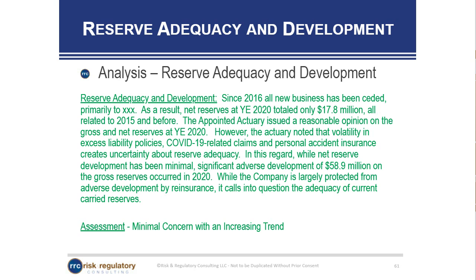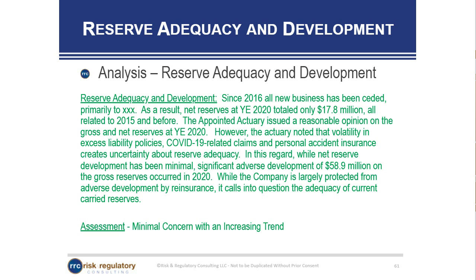For example, since 2016, all new business has been ceded. As a result, reserves were only $17.8 million, all related to 2015 and before. The appointed actuary issued a reasonable opinion on the reserves.